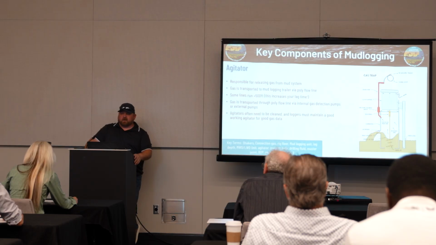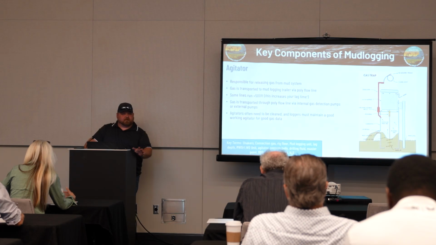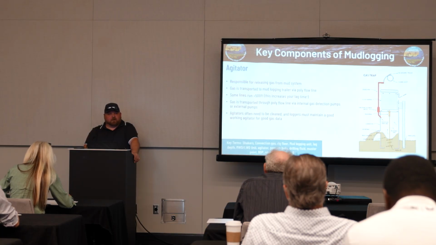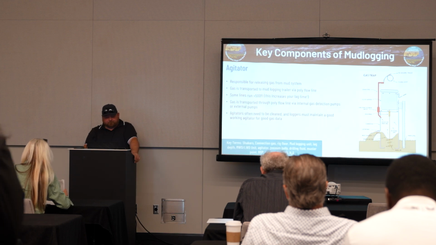I know there's a few others. I think Terra makes a yellow box that's actual pit side, so they can set it up pit side and be kind of wireless with it. Pretty handy for the mudlogger not having to run 600, 700 foot of polyflow across the location. It also helps with lag times.